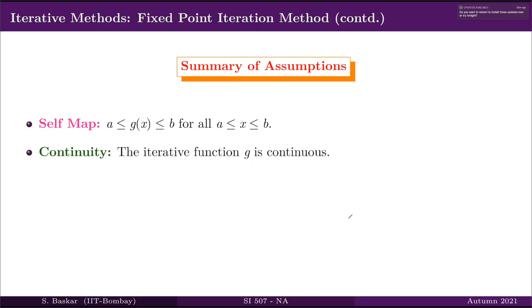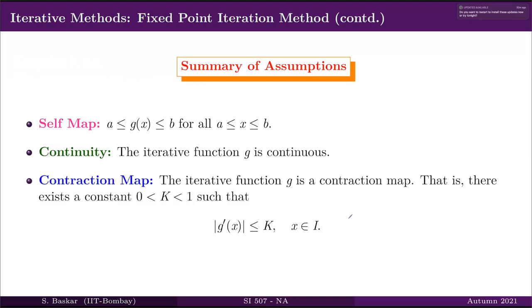The next condition is the continuity of g, which makes the limit of the sequence to be a fixed point of g, provided the iteration converges. Finally, in order to give the guarantee for the iteration to converge, we have to assume the contraction property of g in the interval ab. Now we are ready to state the convergence theorem for the fixed point iteration method.